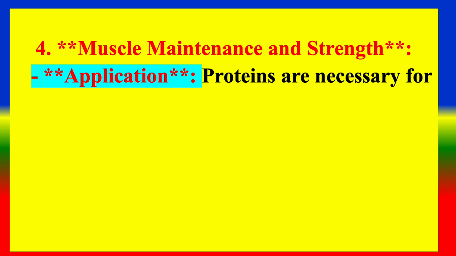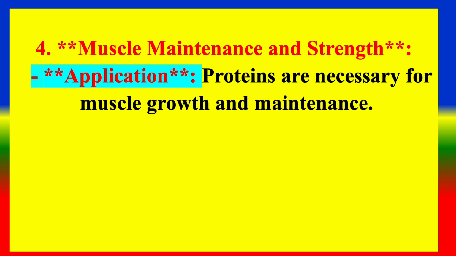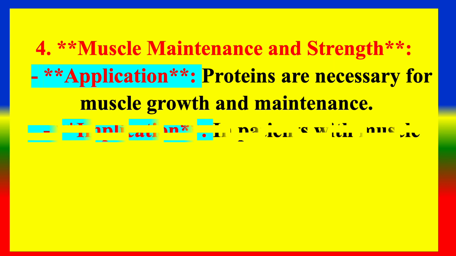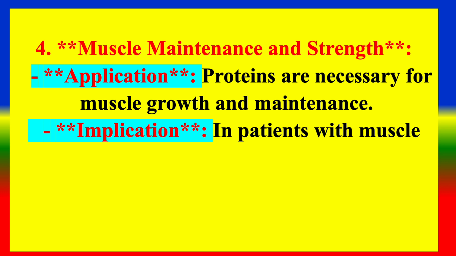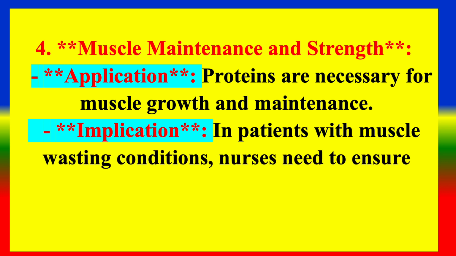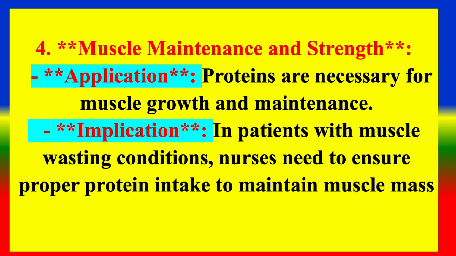Four, muscle maintenance and strength. Application: proteins are necessary for muscle growth and maintenance. Implication: in patients with muscle wasting conditions, nurses need to ensure proper protein intake to maintain muscle mass and function.